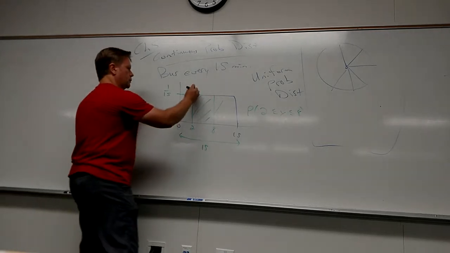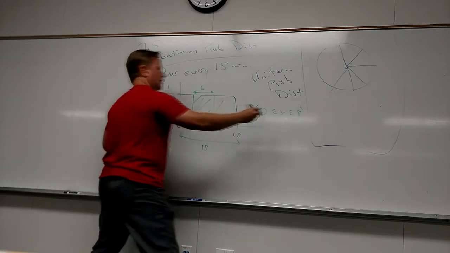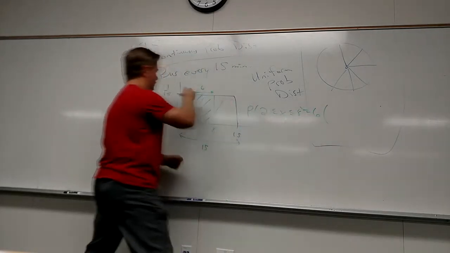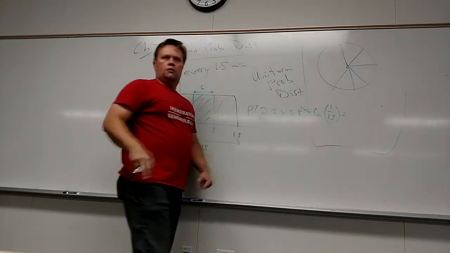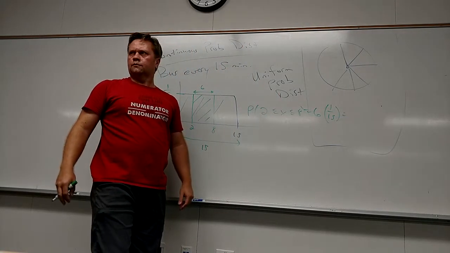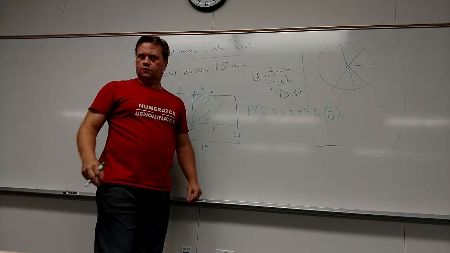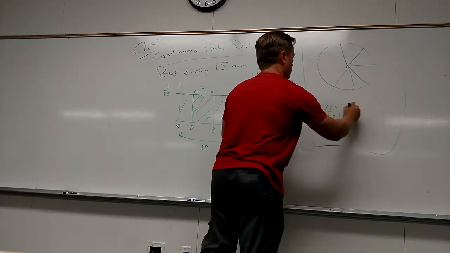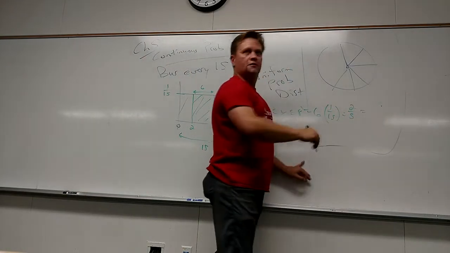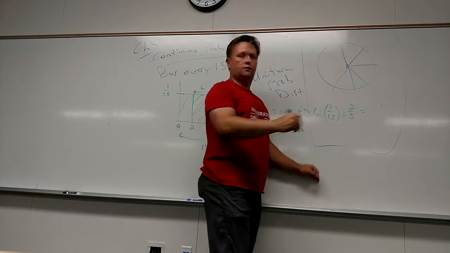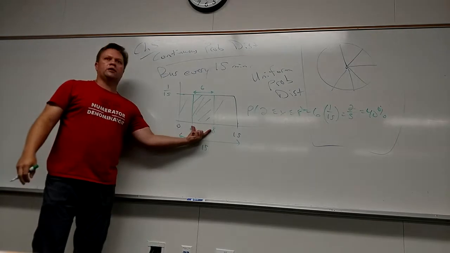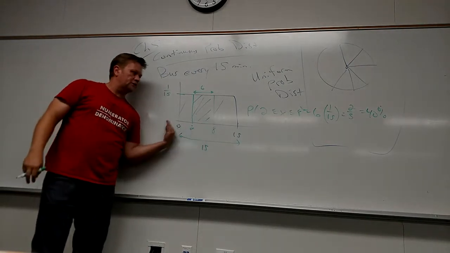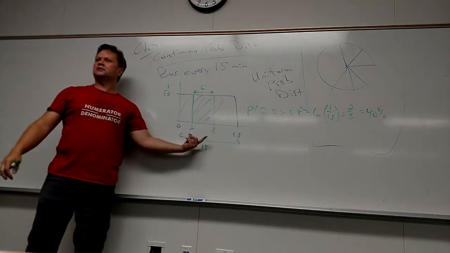So how wide is this block? 6. How tall is the block? Everything's 1/15. That's 2/5, right? 40 hundredths, that's 40%. Why is there a 40% chance you have to wait between 2 and 8? Because 40% of 0 to 15 is 2 to 8. That's why.